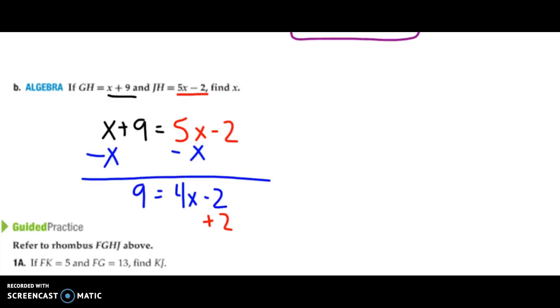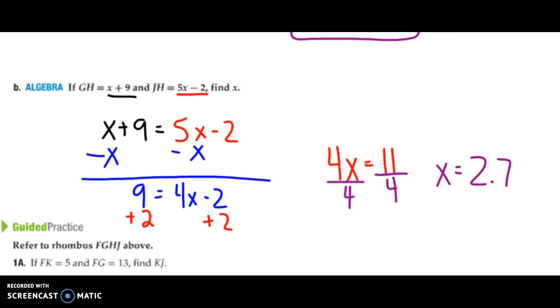Add 2 to both sides. And so I get 4x is equal to 11. How do you get x by itself? You divide. x is equal to 2.75. Notice they didn't ask how long each side is, they just asked for the value of x.